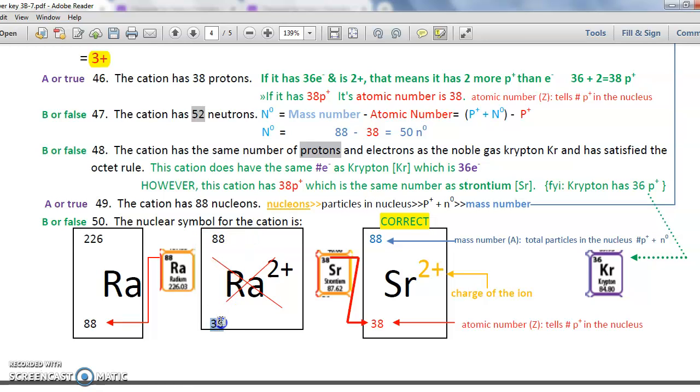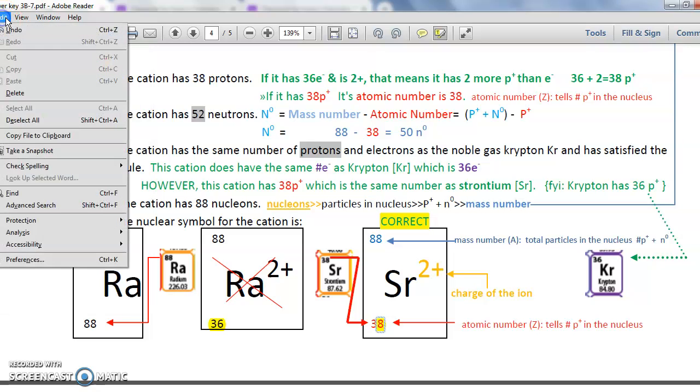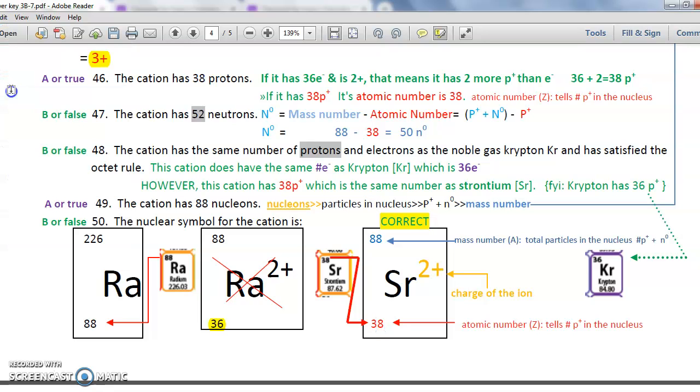Well, it can't have a 36 right there, first of all, because we know the atomic number is 38, not 36. So, does radium, Ra is radium, does radium even have an atomic number of 36?